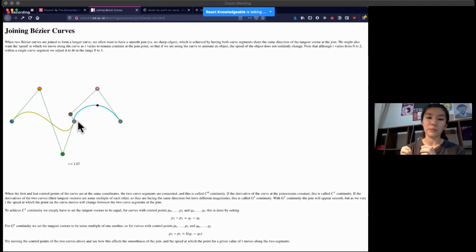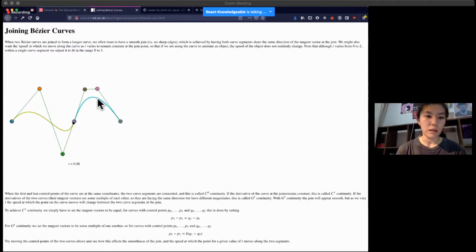Because this vector is turning, and also the magnitude of the velocity change is moving much slower than previously. But if you want to join two Bézier curves into a poly Bézier curve, what you want to do is match both the magnitude and the direction of these two vectors.